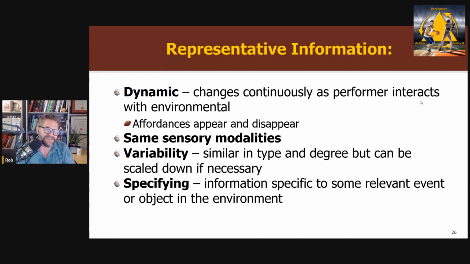We want similar sensory modalities. If the information is primarily visual or primarily proprioceptive, we want both. We want to have variability, similar in type and degree of variability. Like in baseball, practicing hitting fastballs, you're incredibly good.